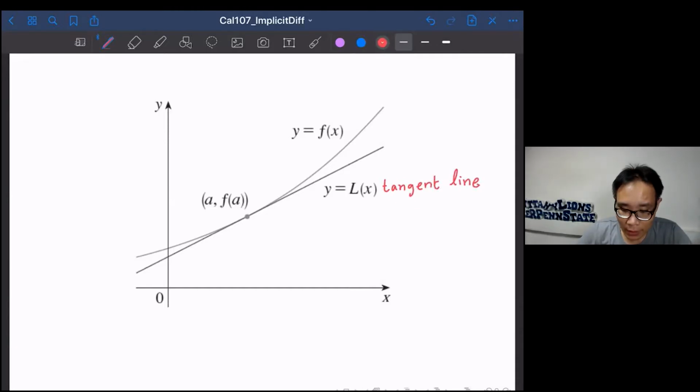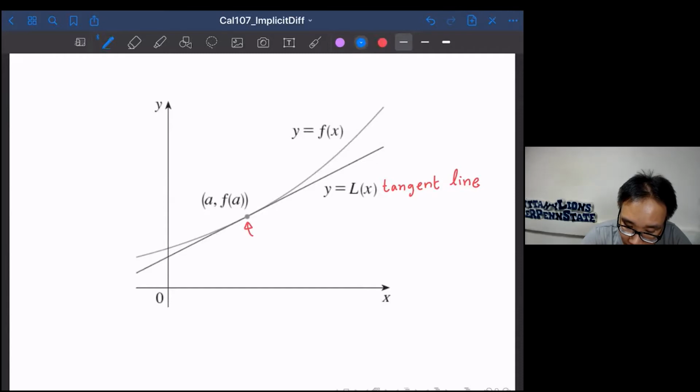And you have your function y equal to f(x) here. So you have something like this, and at this point it's going to be (a, f(a)). I'm not going to do anything yet.